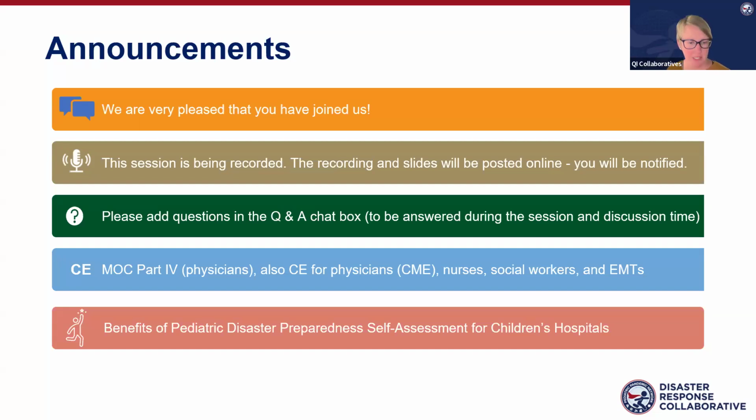You have heard us mention an evaluation or an environmental scan. This is going to be done through a larger self-assessment called the Pediatric Disaster Preparedness Self-Assessment for Children's Hospital. I call it PDPAC because that's a lot to remember. So you can be looking for that in the next month or two.